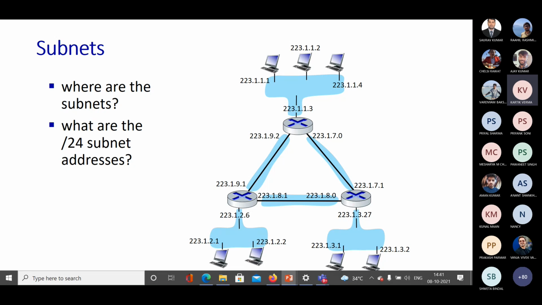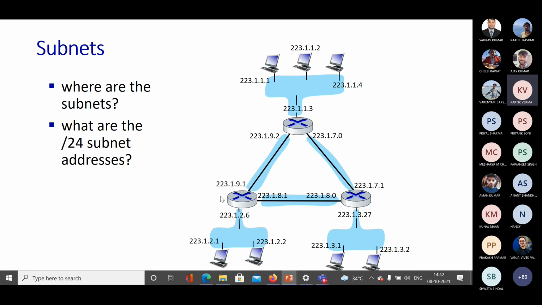Ma'am, but each router is connected to the two other routers directly without any interface. No, without any router in the middle, they are all connected to each other, forming a triangle, right? Yes, but they are routers. If I want to go from one router to another, I can go directly without passing through any router.